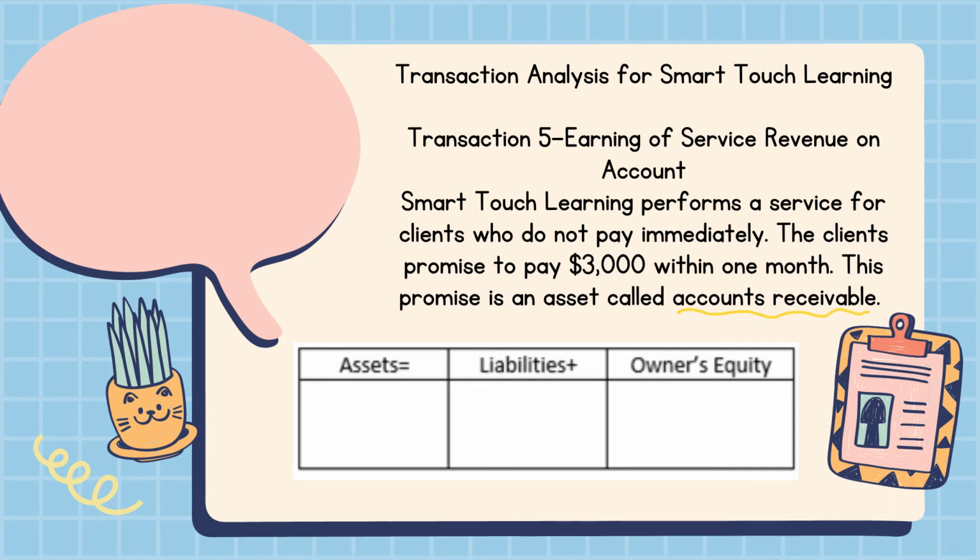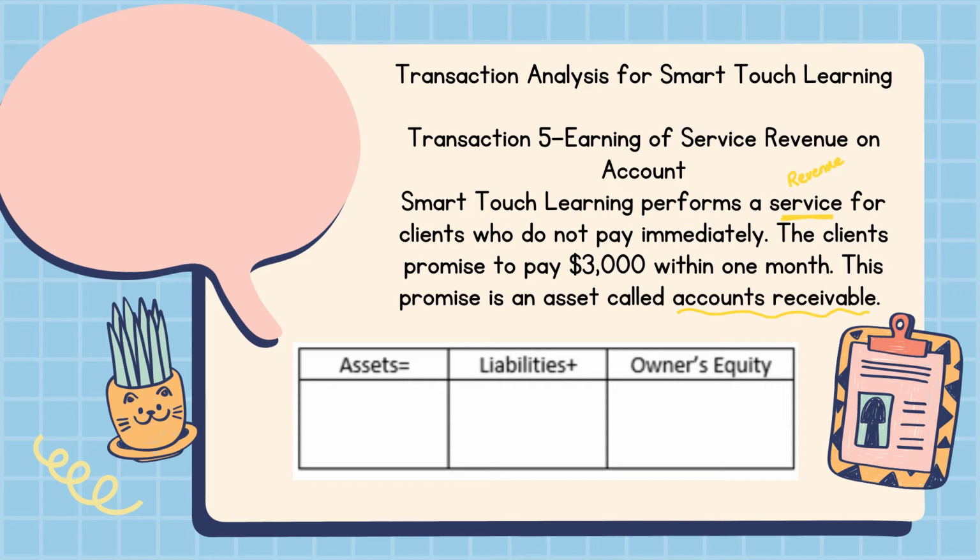Okay, so again, my company performs a service for clients who do not pay immediately. So I provided the service. Since we provided the service, I need to record revenue, which means the revenue is earned.